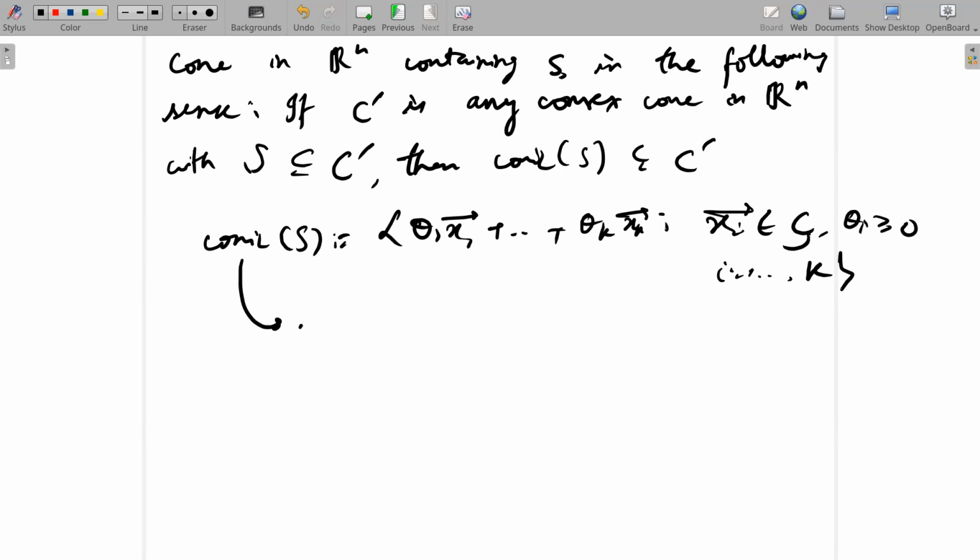So this is the set of all conic combinations of points in S.